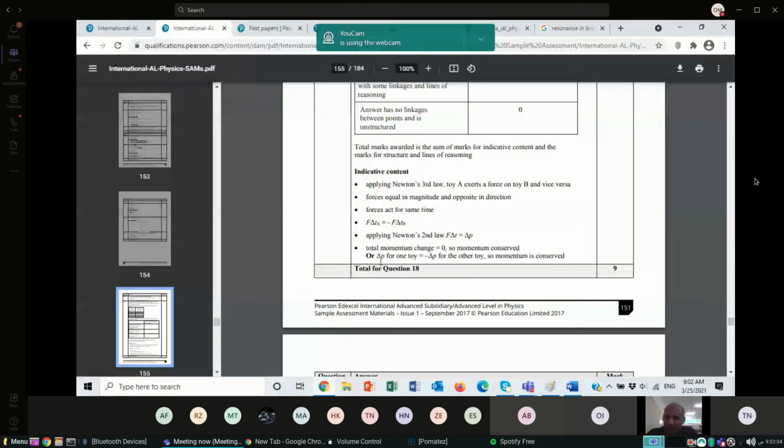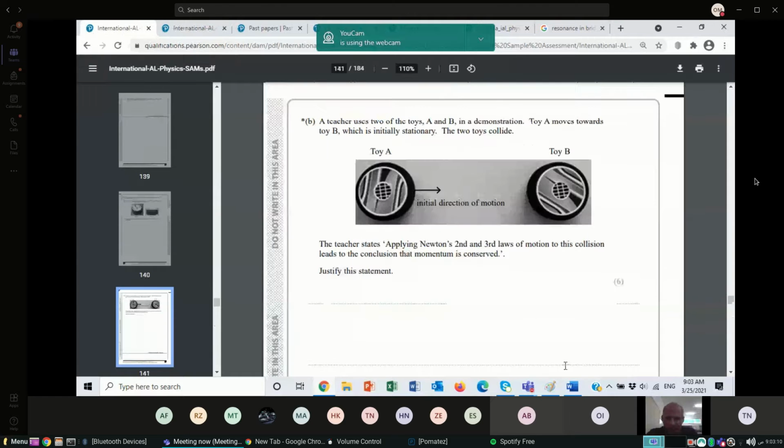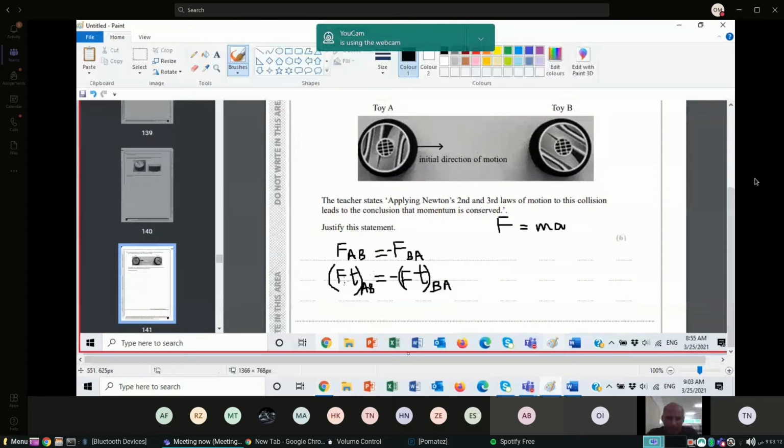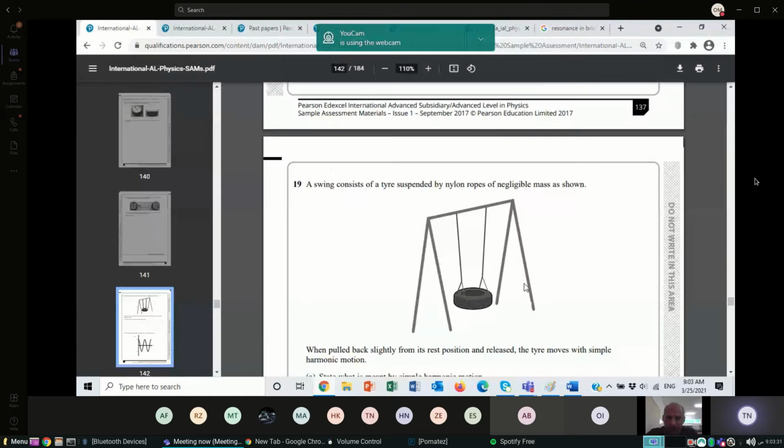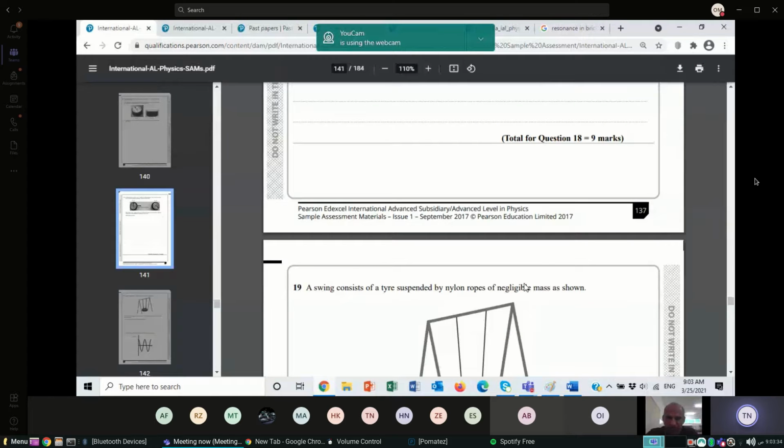I will include this in the notes, because right now I just forgot how to go about this equation, because the impulse applied by toy A on toy B is equal to the impulse of toy B on toy A. I'll include this in the notes, don't worry. Whenever you get the notes, you will be able to do it. 6 marks for this.